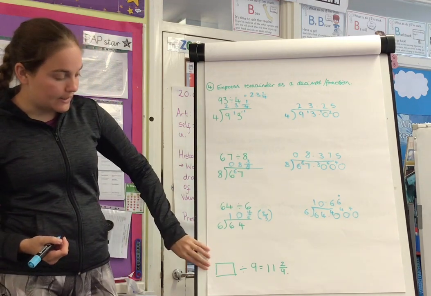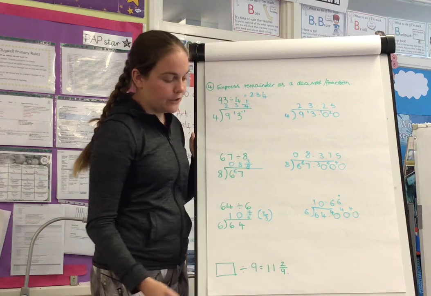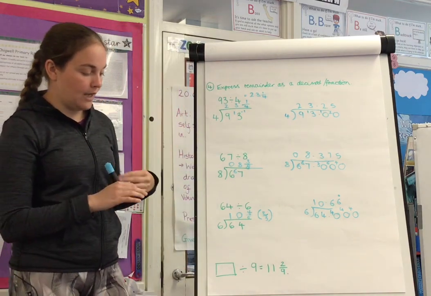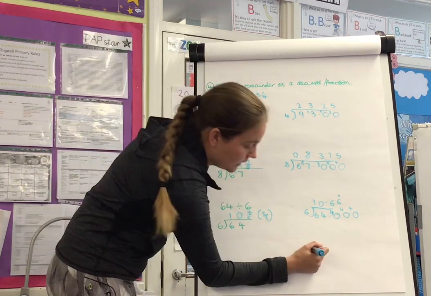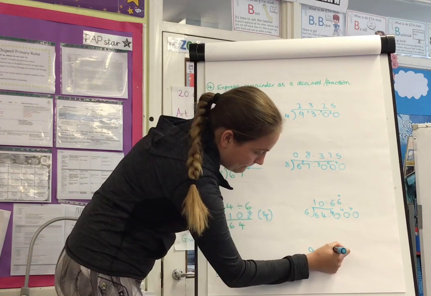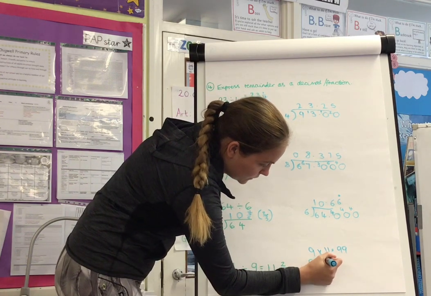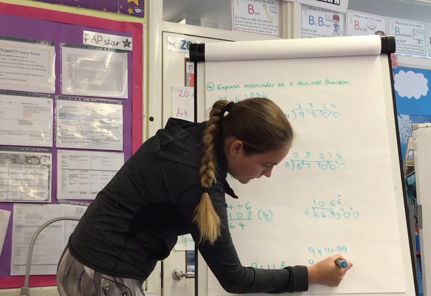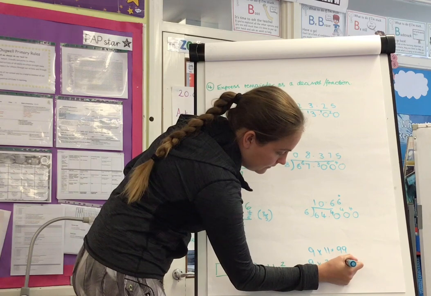Some of the questions look like this. You've got a missing box, divided by 9 equals 11 and 2/9. So we've got to use that inverse. We've got to be timesing these two numbers to get our big number that goes here. So I would do that in 2 steps. 9 times 11 equals 99. 9 times 2/9 equals 9 times 2 is 18.